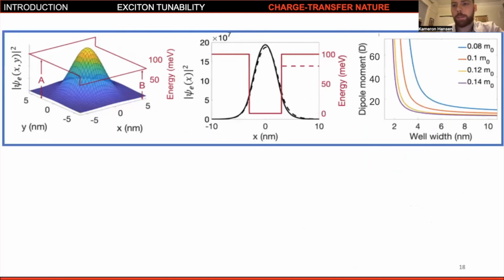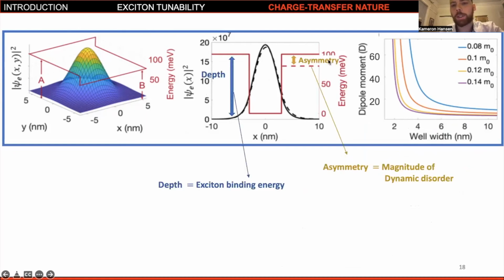And really the physical mechanism at play here is the principle of a dynamic or disorder-induced dipole moment. So if you have some particle in an asymmetric well, here is just the x-axis projection. We've done a couple of very crude simulations of modeling the exciton's wave function, where the depth of the well is determined by the exciton binding energy, and the asymmetry represents the magnitude of the disorder.